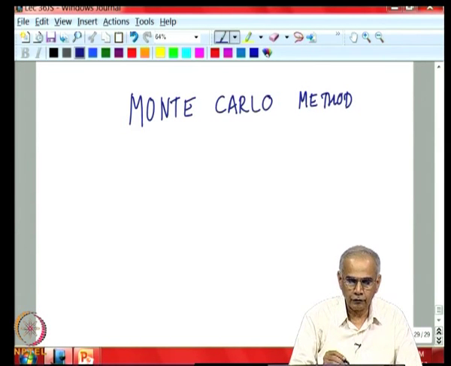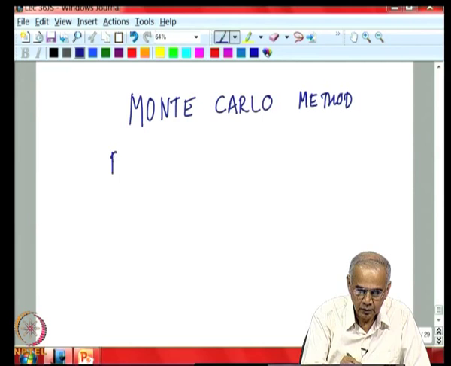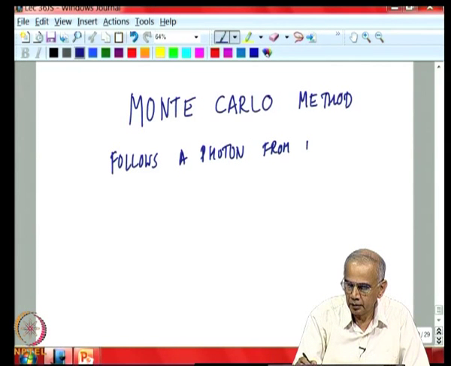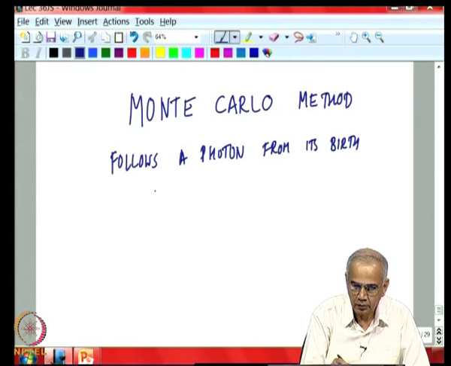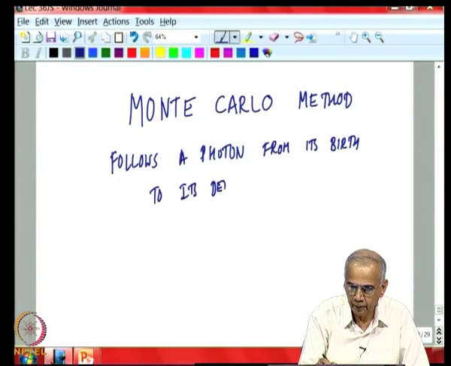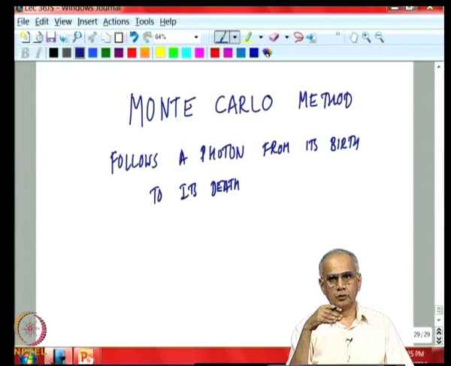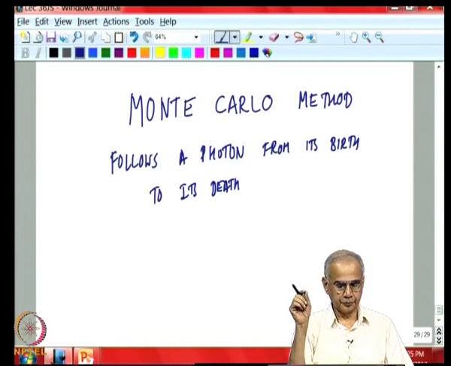So, essentially Monte Carlo follows a photon from its birth to its death. That is, it goes through the path of the photon once it is emitted through the medium until it is absorbed either by the medium or by the surrounding walls.